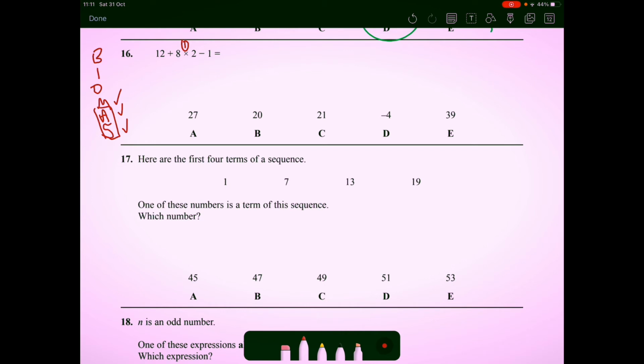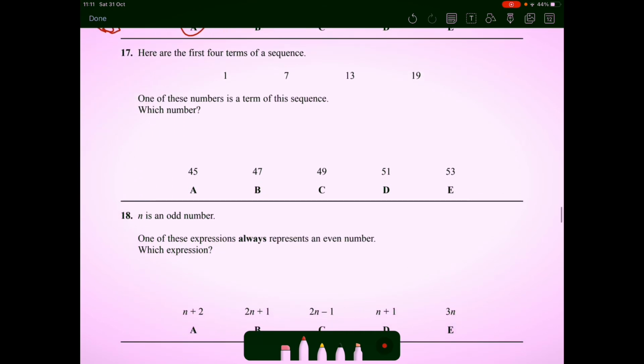So they're jointly together, side by side, and then you follow the order. So it would then be this one and then that one. So I'm going to do 12 plus 16, take away 1, because I've done my 8 times 2. I'm going to add these first two parts together to get 28 minus 1, which will then give us 27, which is A.